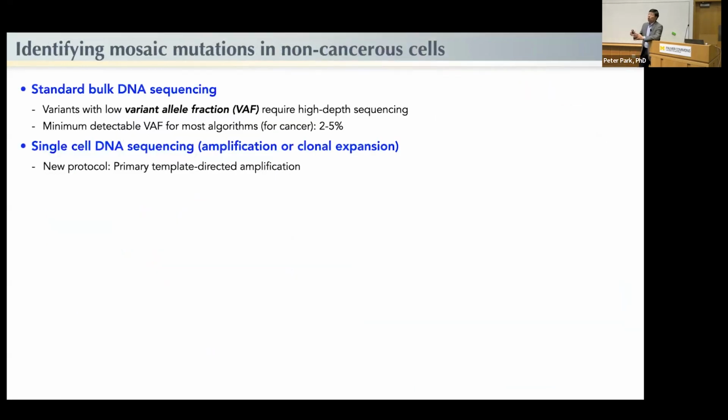Now, one way in which we have expanded our whole genome approach was to do sequencing of non-cancer cells where the mutations are much rarer, so it's more difficult. There are a couple of ways to approach this problem. One is just to throw money at the problem, just sequence really deep.